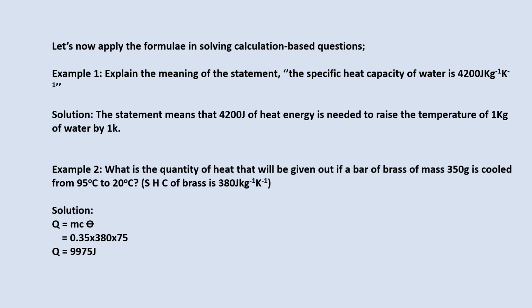So let us substitute the values. The mass of the brass is 350 grams, and we need to convert it to kilograms, so that is 0.35, multiplied by the constant, which is 380, then the change in temperature is 75. When you multiply all this, the quantity of heat that will be given out will be 9,975 joules.